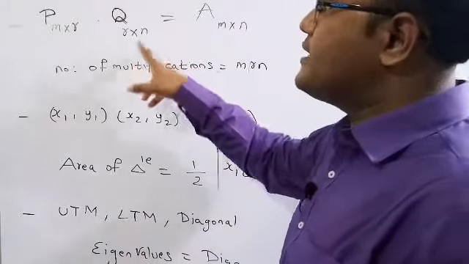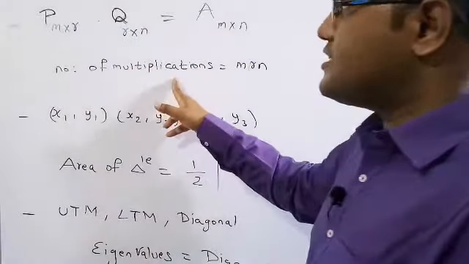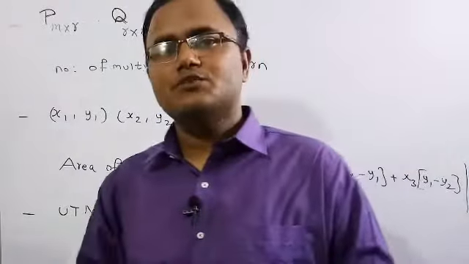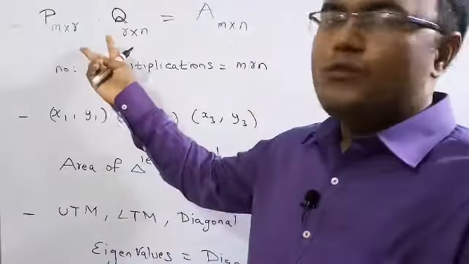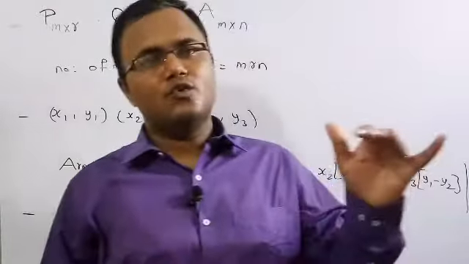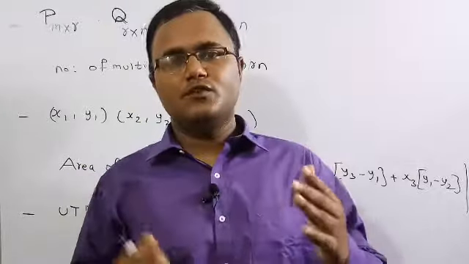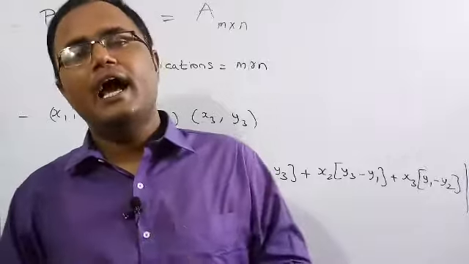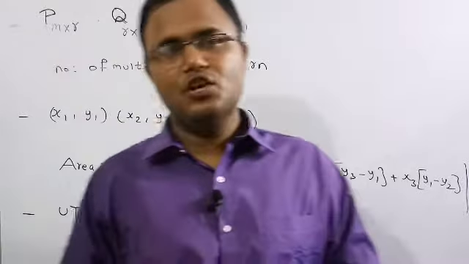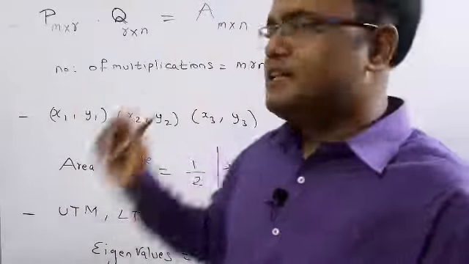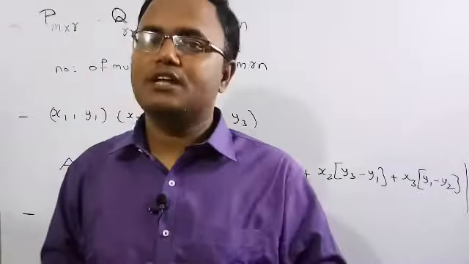Now, the number of multiplications in this product: when you are doing a product, we take a row of the first matrix and a column of the second matrix, do the multiplication, and then do the addition. So for each and every element, we first do the multiplications and then the addition.